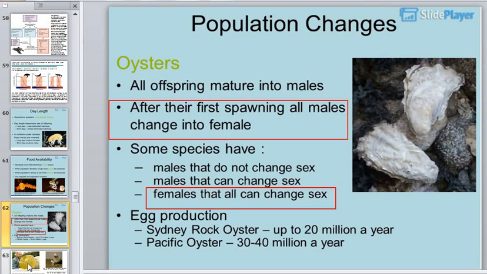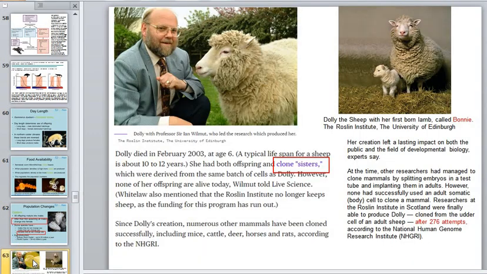This is a long discussion, and this is not our topic today, but I want to remind you about Dolly the sheep. It is a clone. This is the first known clone of a female, of course a clone from somatic genetic material.